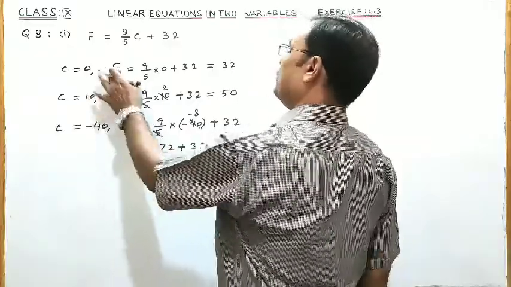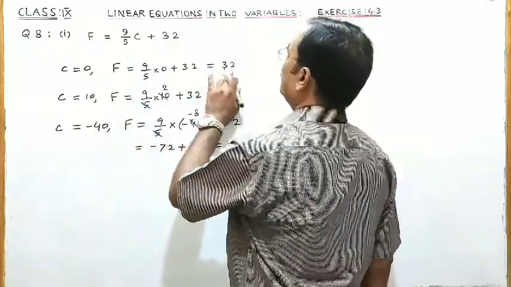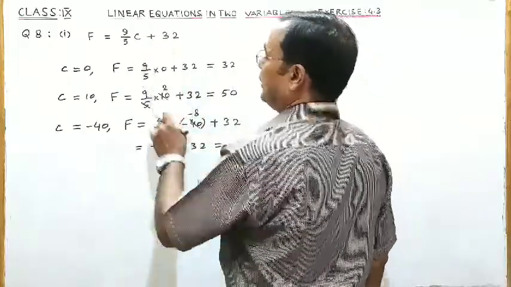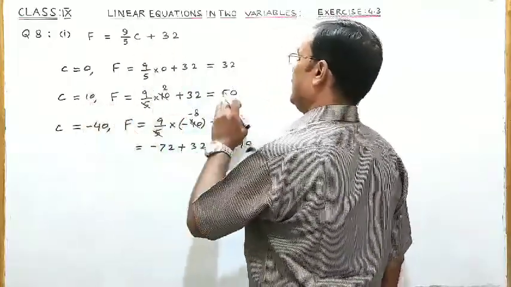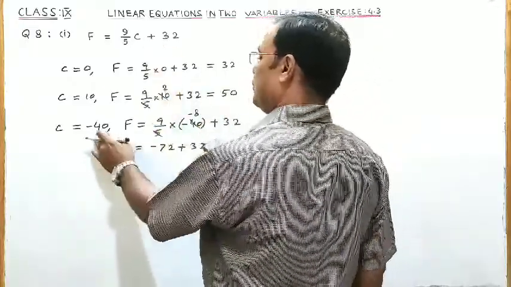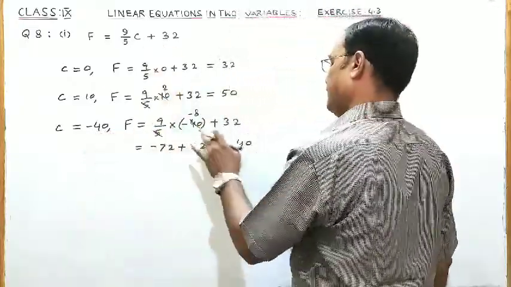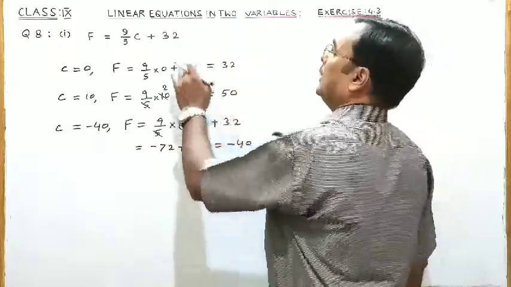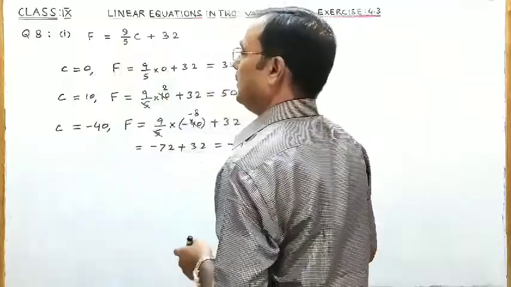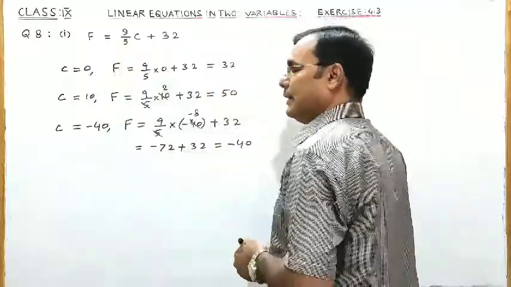So C equal to 0 and F equal to 32 is one solution of this given equation. Like that, C equal to 10 and F equal to 50 is another solution. C equal to minus 40, F equal to minus 40 is another solution of this linear equation F equal to 9 by 5 into C plus 32.